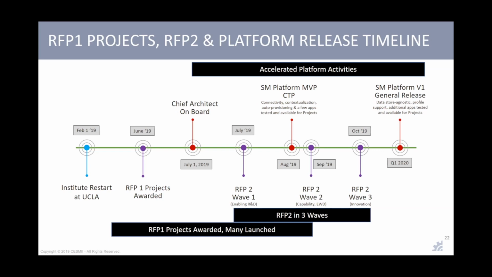On the top side of the slide, we are here today in August with the MVP CTP release. And then we are expecting to have a full release version 1.0 sometime in the first quarter next year. So that's what the timeline looks like, and we're obviously very excited to move forward in that direction.